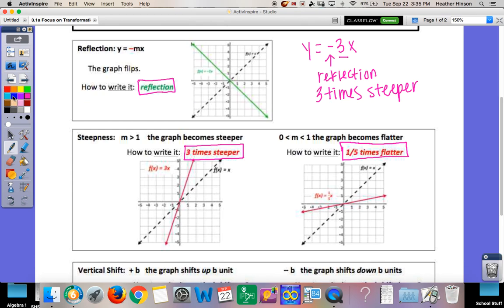If we flip that and we did, let's go down here, y = 1/2 x. There's no negative, so it's not a reflection. And that 1/2 is times flatter because it's between 0 and 1.